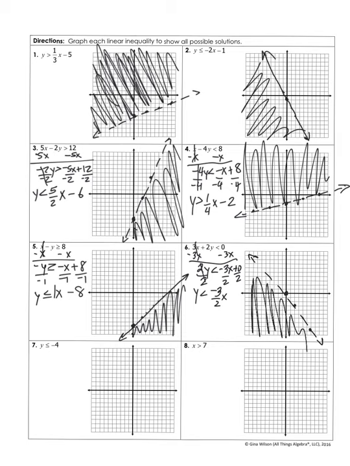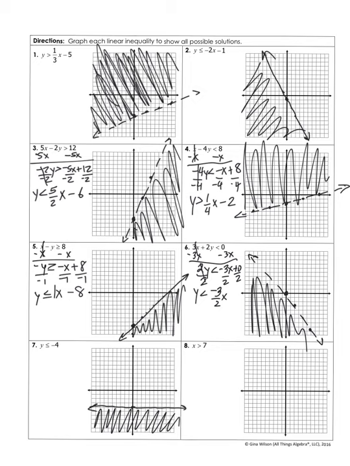All right. Number 7. This one is interesting. Y is less than or equal to -4. Well, when y is equal to -4, it's a horizontal line, and that's what it is here as well. Since it's less than or equal to, it's going to be a solid line. And since it's less than or equal to, it's going to be shaded below.